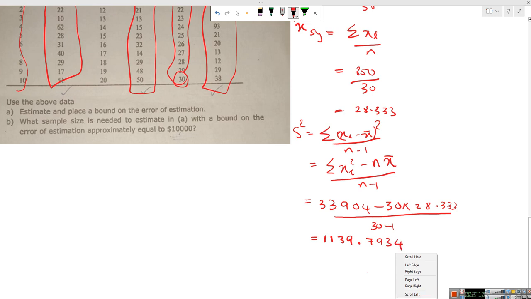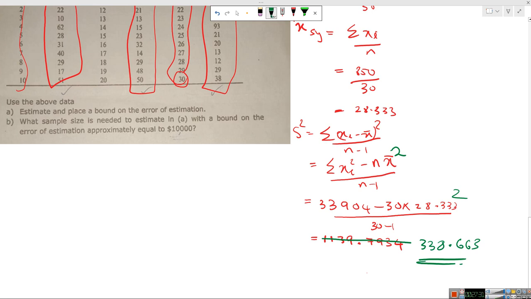Let me check again. Okay, I found the mistake. So this is supposed to be x bar squared. So if you simplify this, you should get 338.663. Okay, so this is the answer.